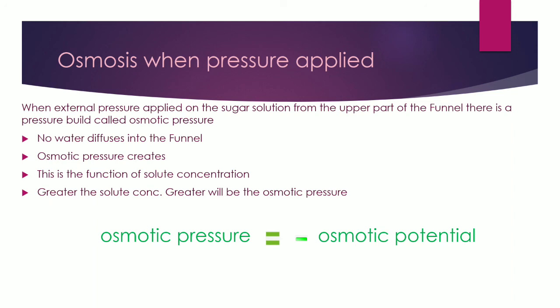How does osmotic pressure get created? By applying a weight against the osmosis, the pressure is created, which is called osmotic pressure. This is a function of solute concentration. Because if we take normal water, we cannot see the pressure; the water molecules easily diffuse into the beaker.